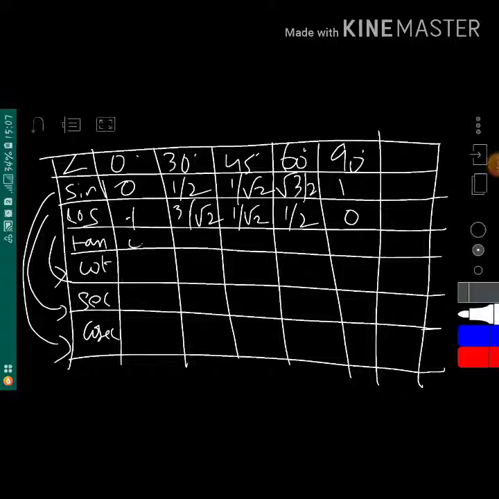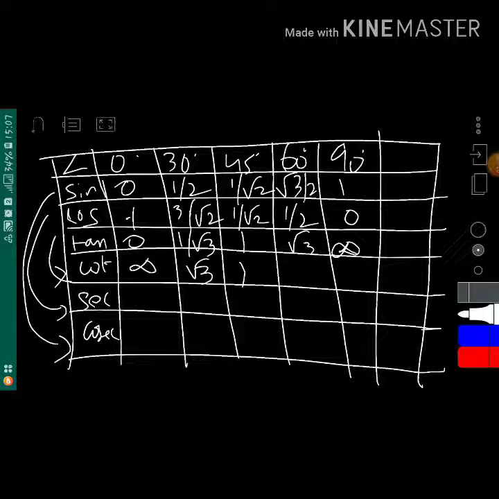Fine. Tan you will get 0, 1 by root 3, 1, root 3 and infinity. Infinity comes when there is something which you cannot divide with. Okay. So that time infinity comes. Again, for cot, infinity, root 3 is opposite.